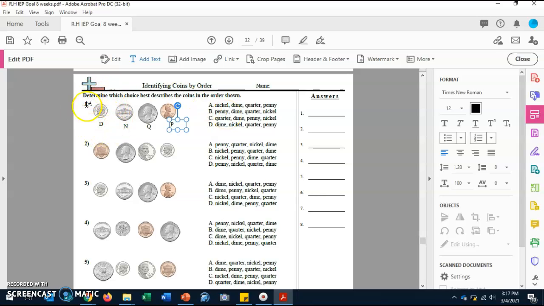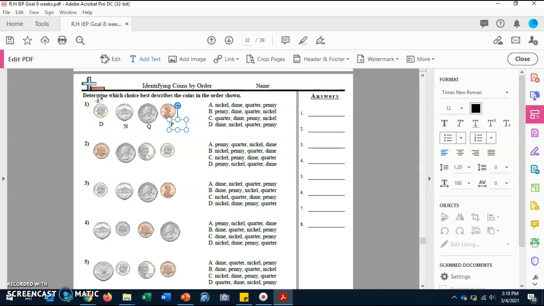Is penny our first choice right here? No, so letter B cannot be our answer either. Letter C, quarter. Do we start with a quarter? No, we start with a dime. So letter C cannot be our answer. Dime. Do we start with a dime here?